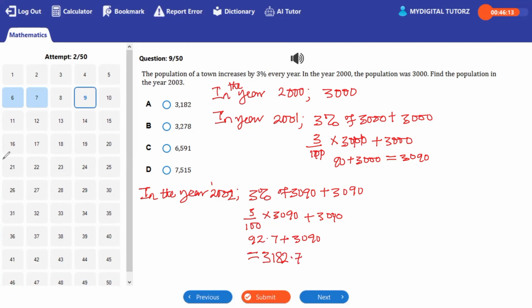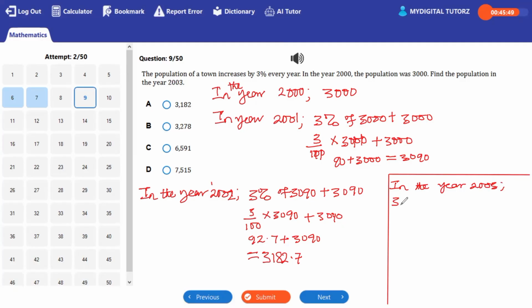Now, in the year 2003, the one we are looking for, what will be the new population?